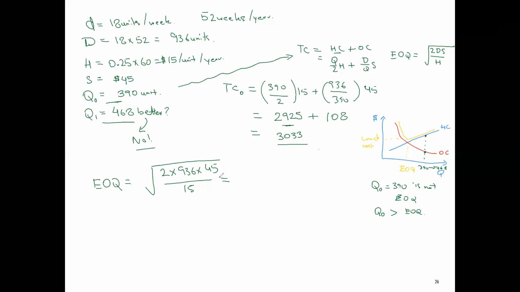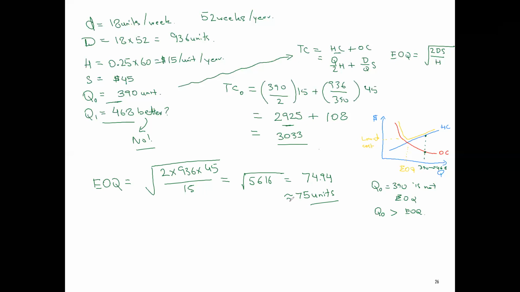So that is the square root of 5616, which is 74.94. Okay, so since you can't have 74.94 feeders, this will be 75 units. So the optimum order quantity that minimizes my total cost is 75 units.